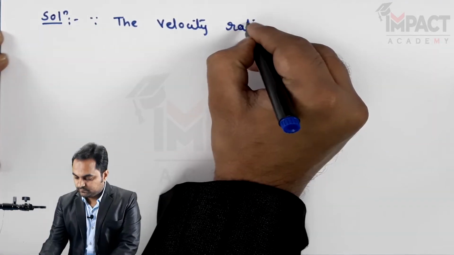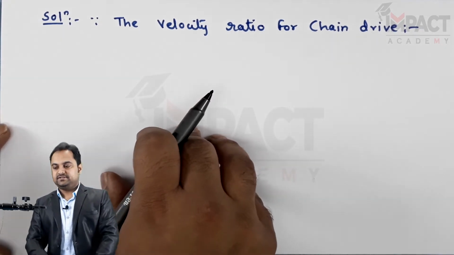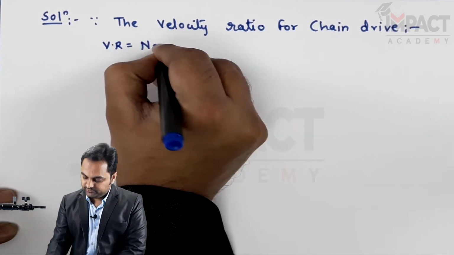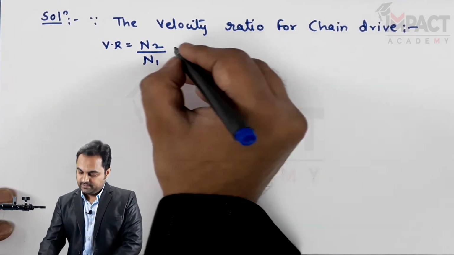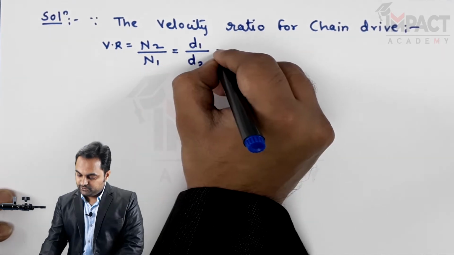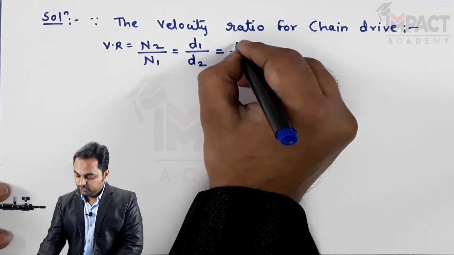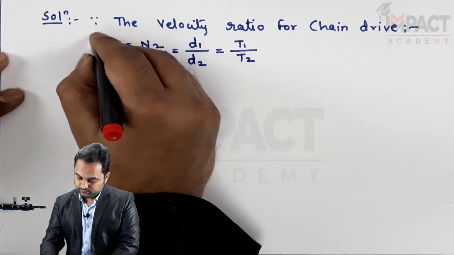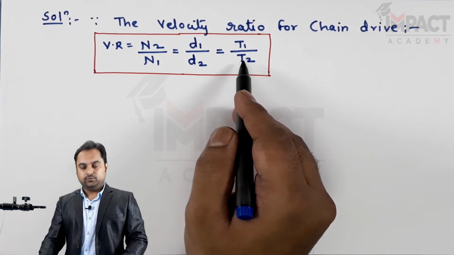The velocity ratio for chain drive is given by speed of the driven sprocket to the speed of the driving sprocket, and that is equal to inverse proportion of the diameters, because speed is inversely proportional to the diameter and even to the number of teeth. Now the first question is we have to find T2.